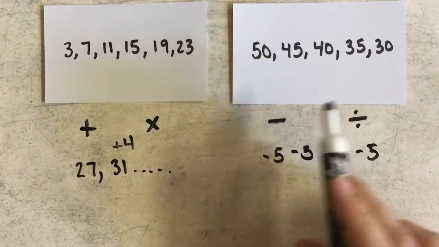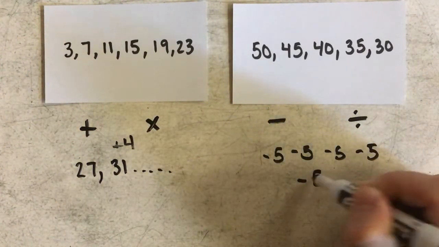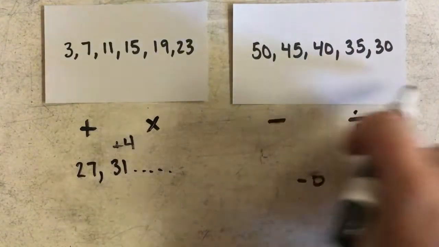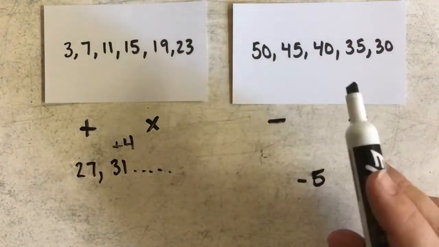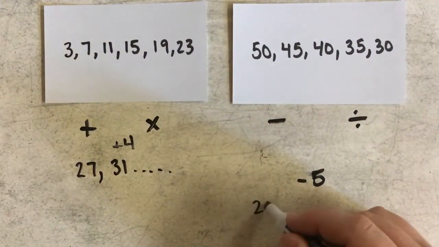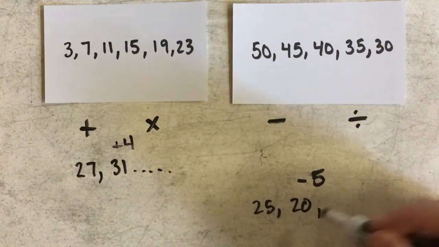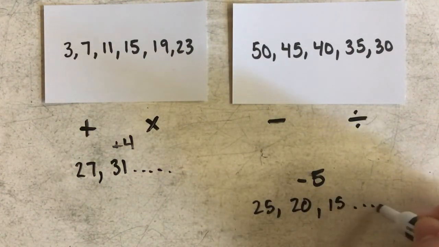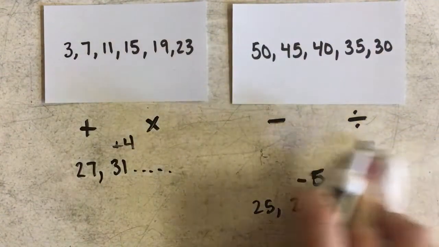So definitively, I can say that my rule in this set of numbers is subtract 5. If I were asked to continue the terms in this sequence, I would subtract 5 from the previous term. So 30 minus 5 is 25, 25 minus 5 is 20, 20 minus 5 is 15, and I could continue on for however long the pattern asked me to continue.